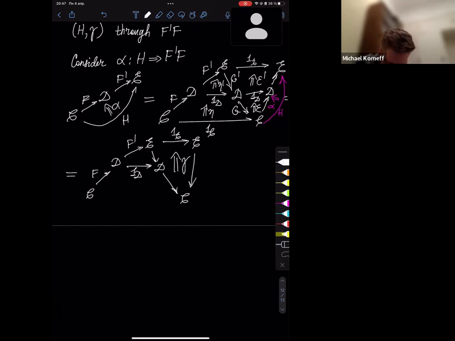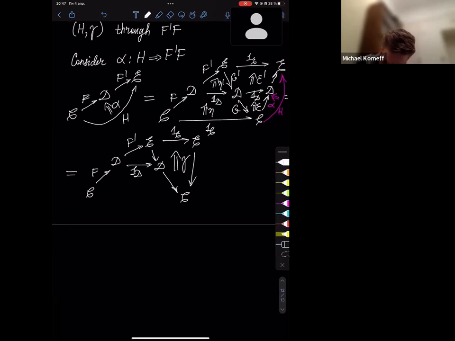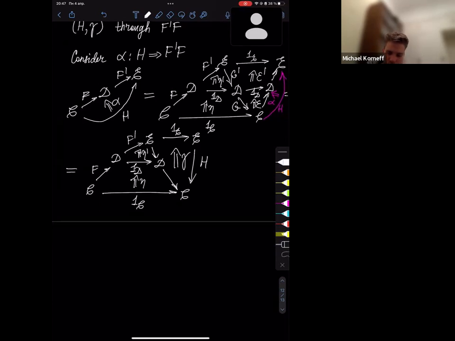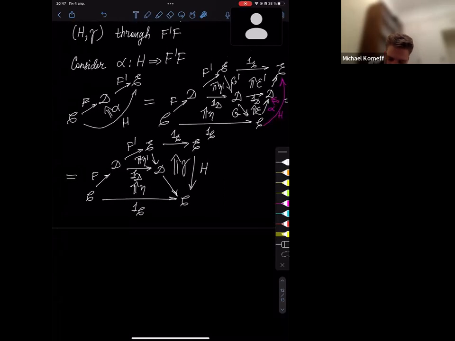And here we have H and K. Okay, and now we can notice that this quadrilateral admits such an interpretation as a triangle identity.